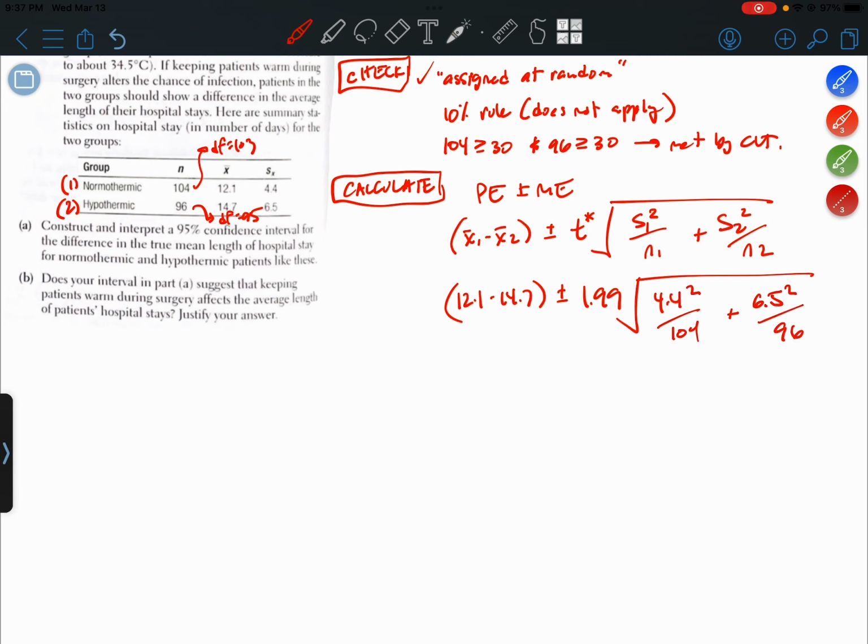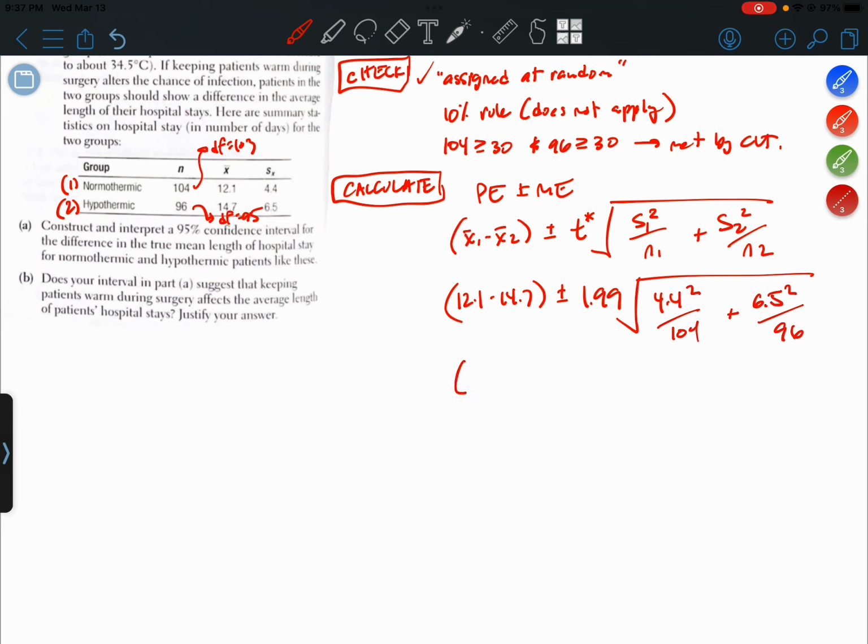All right, so that was me plugging in the numbers. Now I'm just going to go to my calculator, type that in, get the endpoints of our interval. 12.1 minus 14.7 minus 1.99 square root 4.4 squared over 104 plus 6.5 squared over 96.